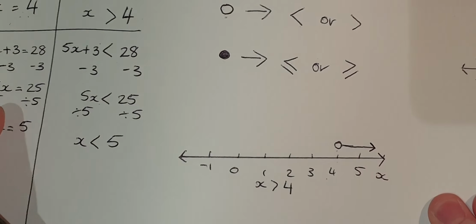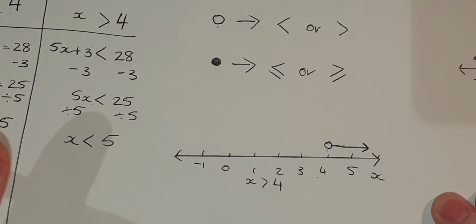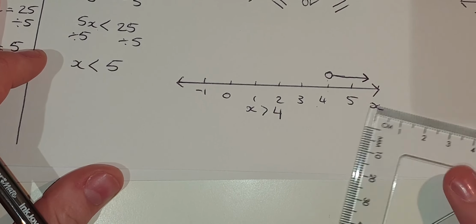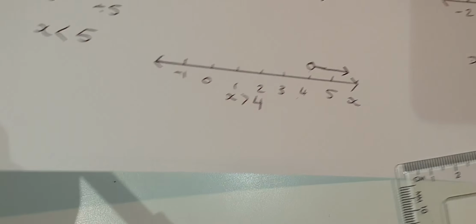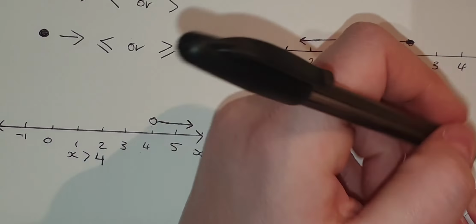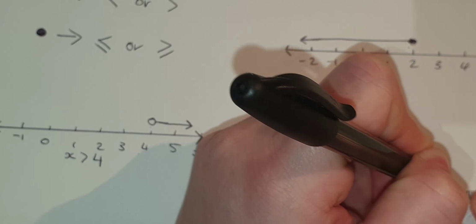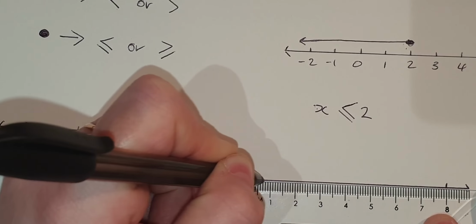If we were to do -3 is less than or equal to x, which is less than 4, it would look like this. Okay, let me just move my piece of paper over. So doing one more number line. This one is going to be a little longer.